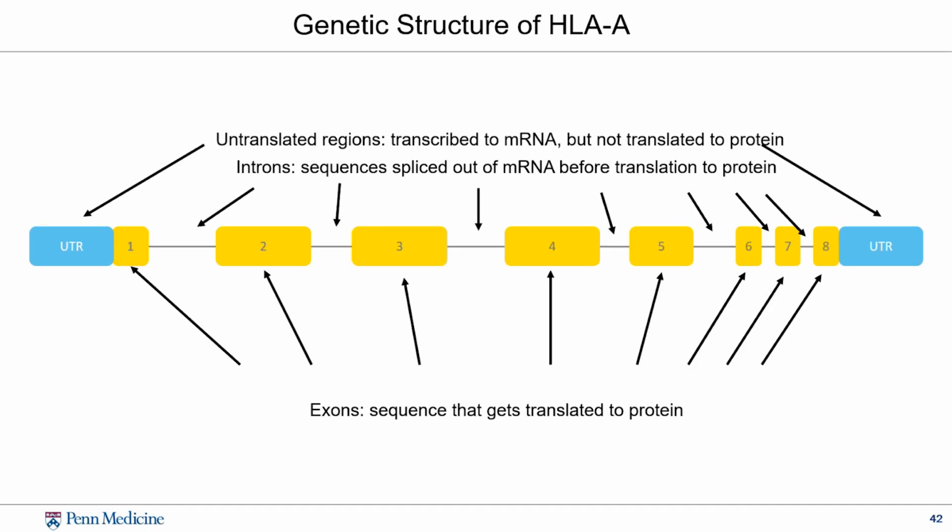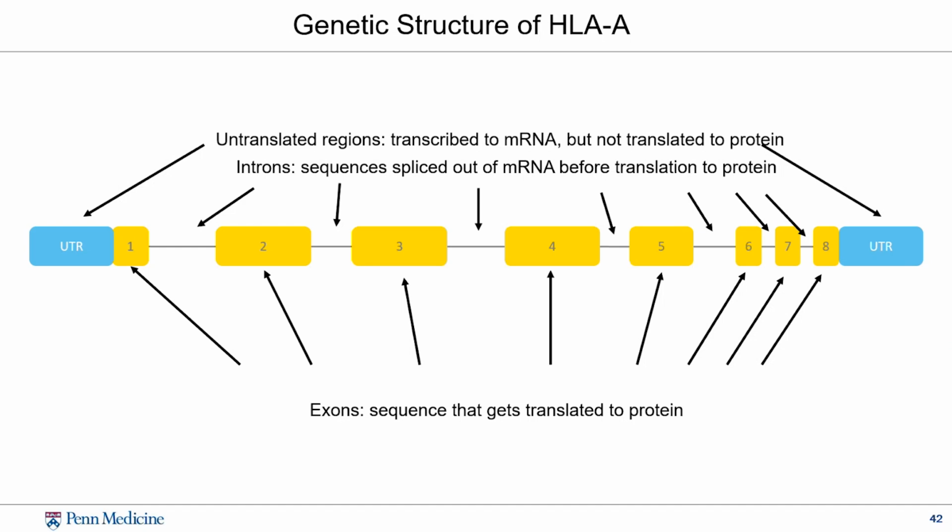But again, I talked about how when we're doing typing, we're using molecular methods, we're looking at the DNA. So we need to know a little bit about the genetic structure of HLA genes. I'm showing here an example of the HLA-A gene. Just as a review of molecular biology, there are different parts of a gene. We have the untranslated region, both on the 5' and the 3'.